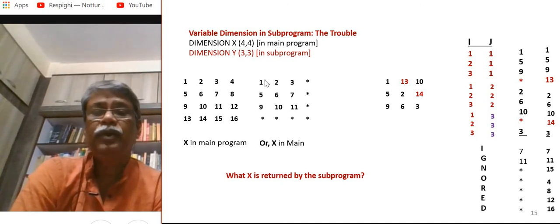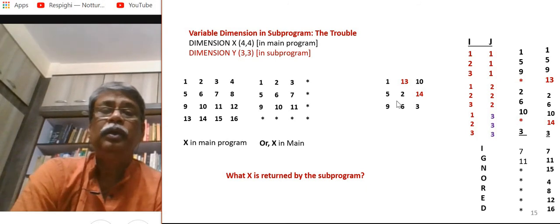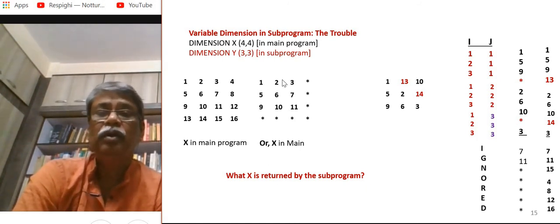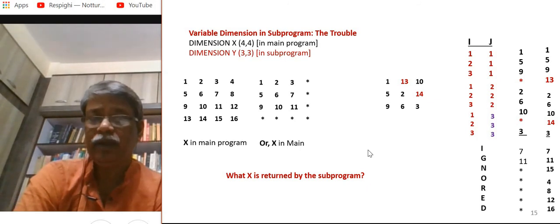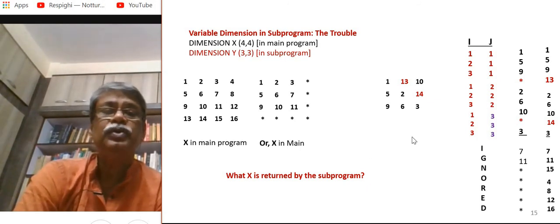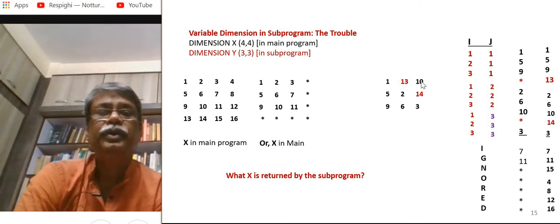Now, two cases: the first one is that you have declared 4 by 4, but you have defined only 3 by 3. So what will be the result? 1, 2, 3, 5, 6, 7, 9, 8, 10. Would it give you back the same 3 by 3 case from the subroutine when you get it back? No, because the first 9 elements are 1, 5, 9, and then 13, and here 2, 6, 10, and 14, and finally 3.